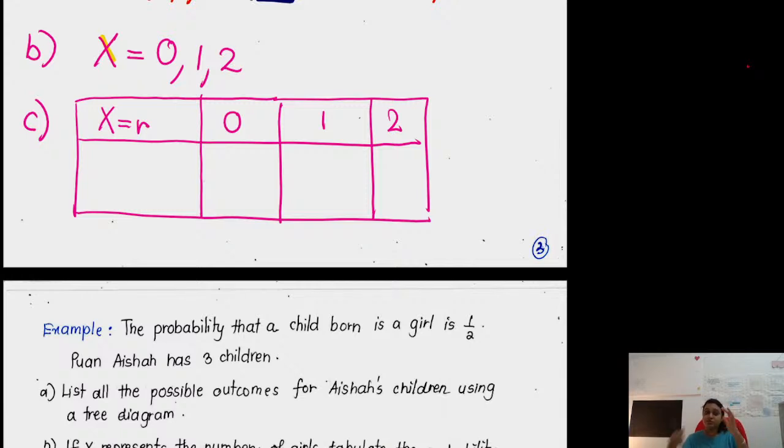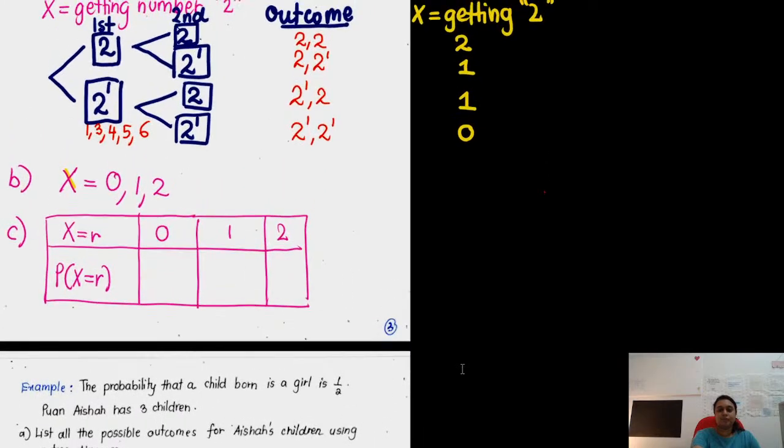The top row is the value of the x. The bottom is to find the probability. Let's do the probability working at the side. For the 0, probability x equals to 0. This r is representing the numbers 0, 1, and 2.